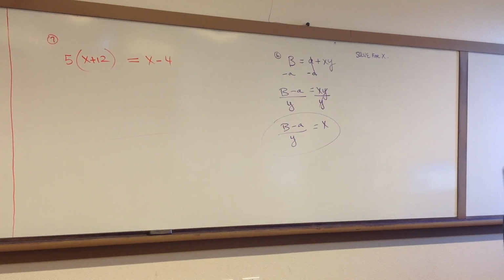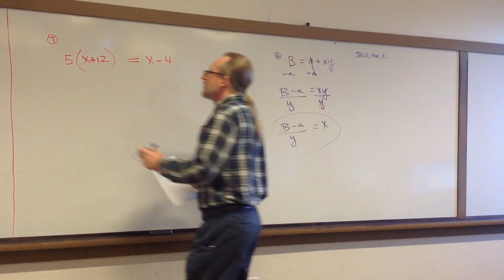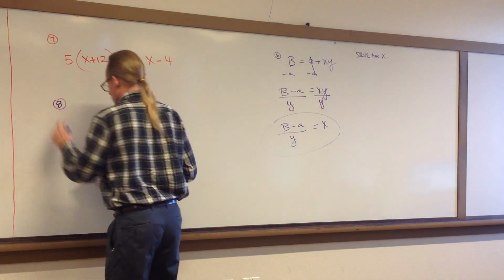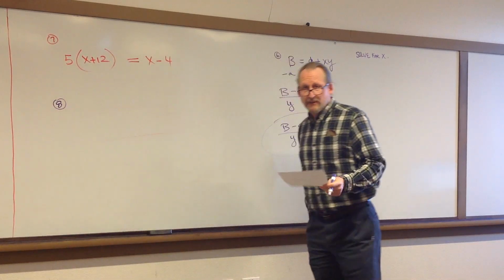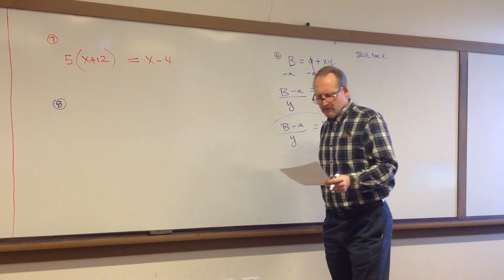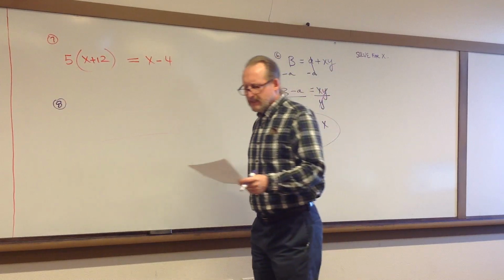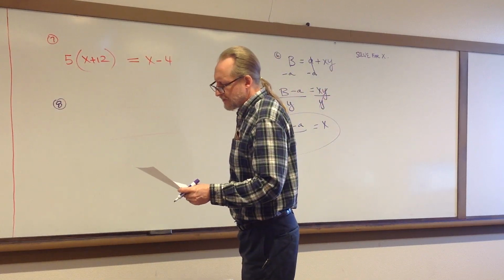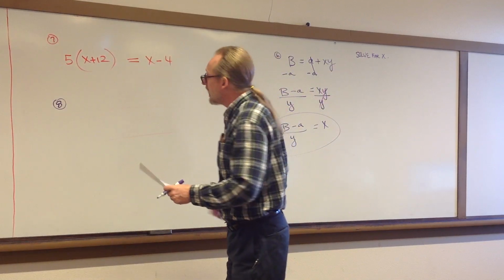Now, problem 8, we've got one of these mixture problems. Now, there's 2 types of mixture problems, and so we need to figure out which type this is. Okay? So the grocer wants to make a 60-pound mixture of walnuts and Brazil nuts to sell for $5.99 a pound.